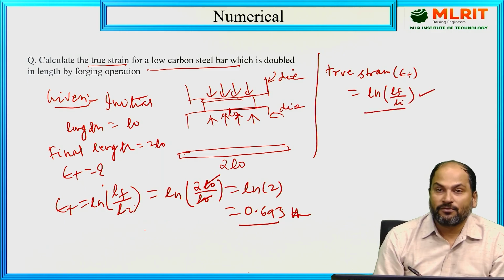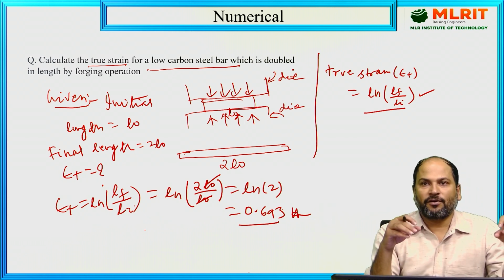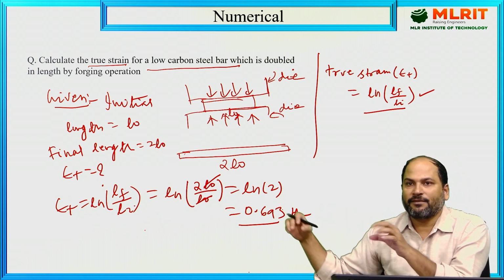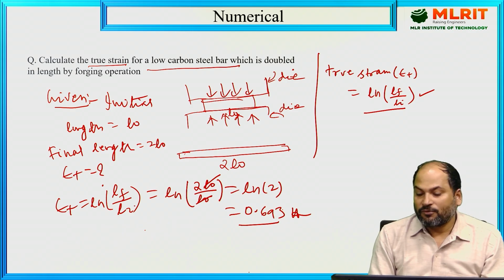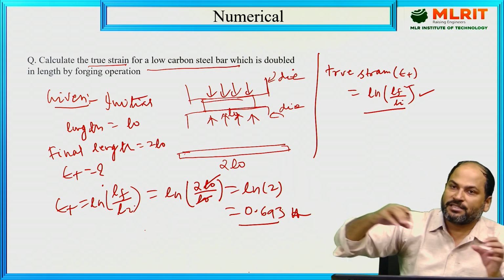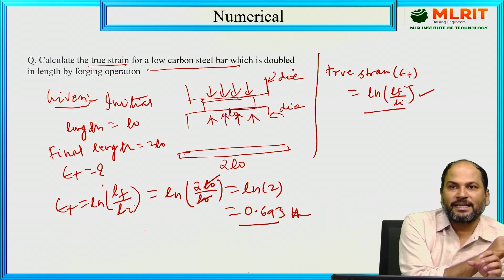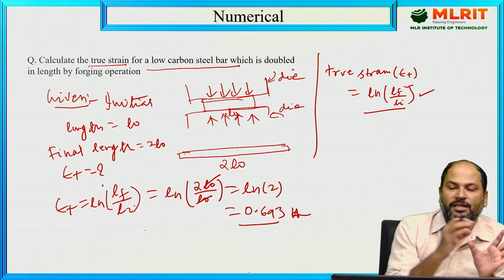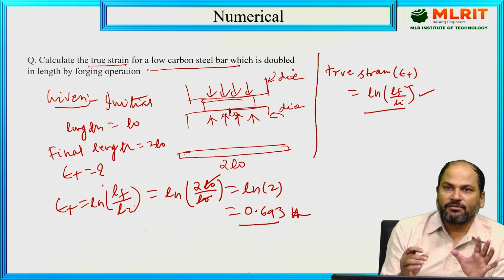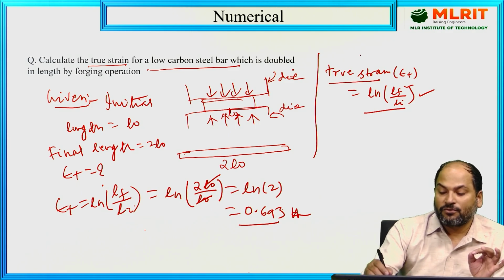That we need to keep in mind. If it is a progressive deformation, meaning it is deformed, again deformed, again deformed, there will be no problem. What you have to keep in mind is the final length and the initial length. Although there is progressive deformation in the material, you just take the ratio of final to initial length and then its natural logarithm. That will give you the true strain value.